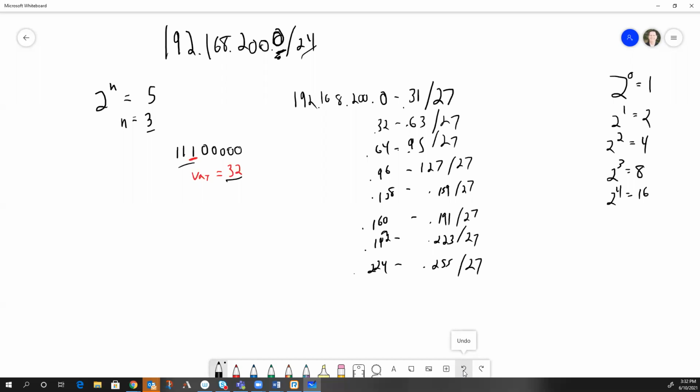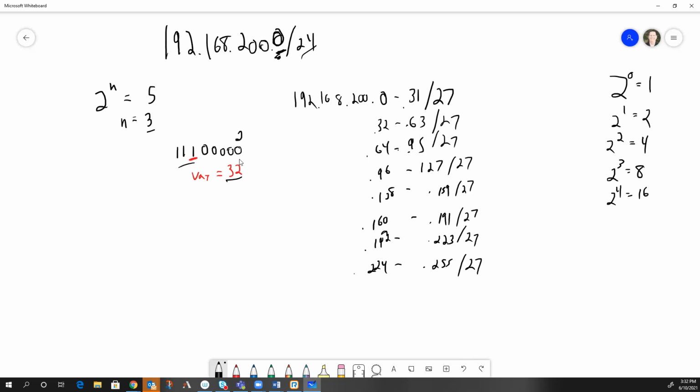Professor Cotter, in your example, you have 1110000 and then you underline the 1, which is the third one. That is the 6th position. Shouldn't that be 64? No. 2 to the 6 is 64.